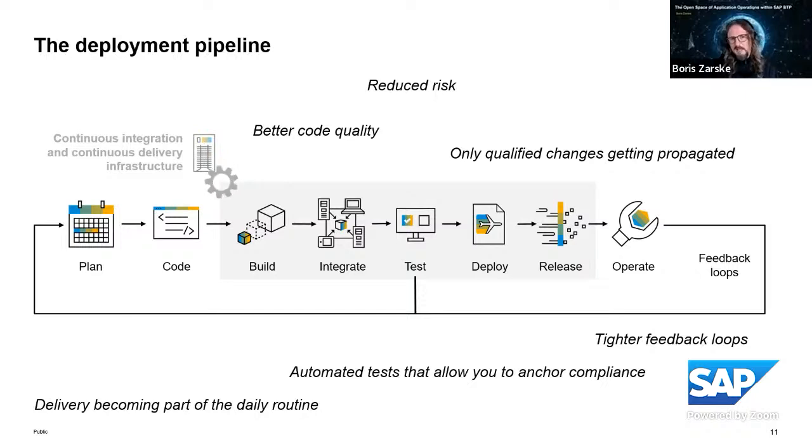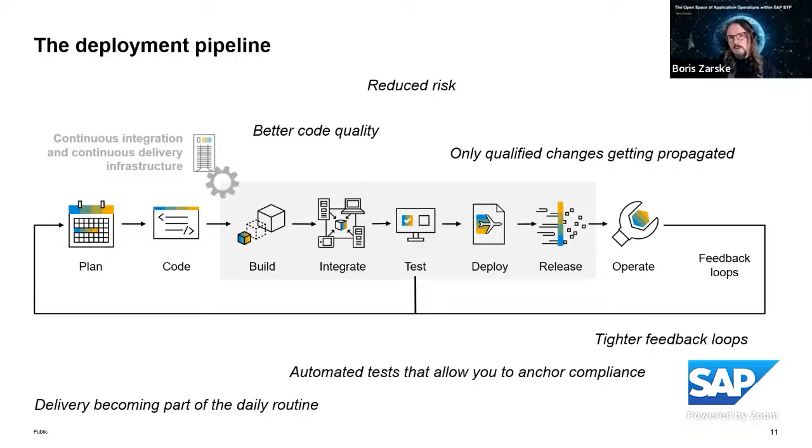And as part of the test cases, you can also anchor compliance, meaning not only perform unit tests, making sure that the single increment does what it shall do, but also make sure that, for example, security aspects are covered with corresponding source code scans and so on, or that you do not use any third-party tools or libraries that have vulnerabilities included.